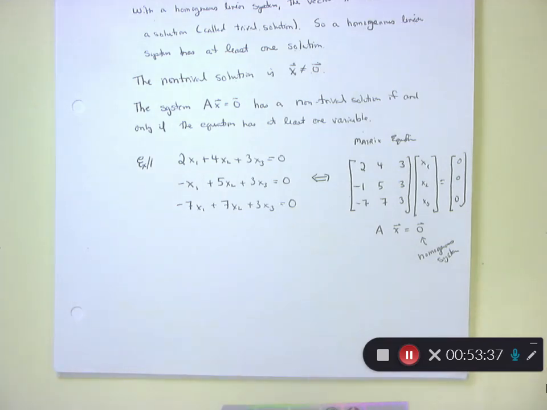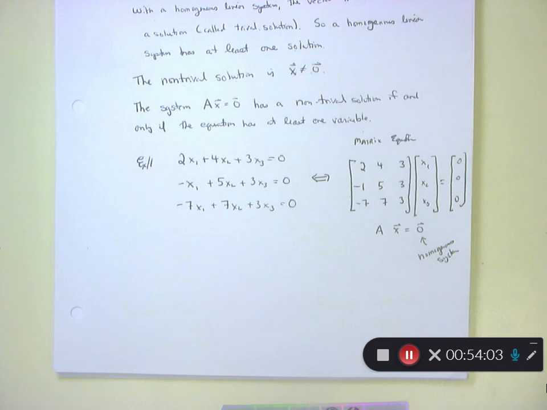Always trying to teach through examples with this stuff. So I've got here 2x1 plus 4x2 plus 3x3 equals 0, negative x1 plus 5x2 plus 3x3 equals 0, and negative 7x1 plus 7x2 plus 3x3 equals 0. I've got the coefficients of my variables, and they're all set equal to what? 0. That's that homogeneous I'm talking about.